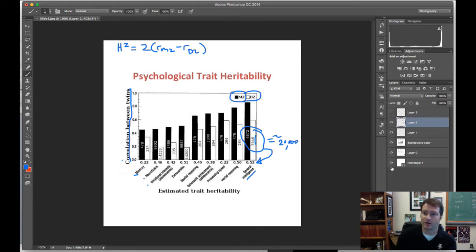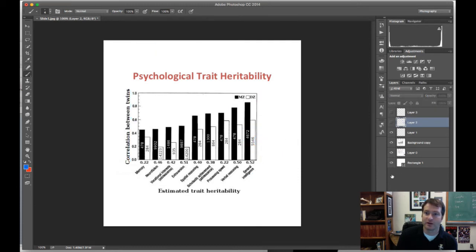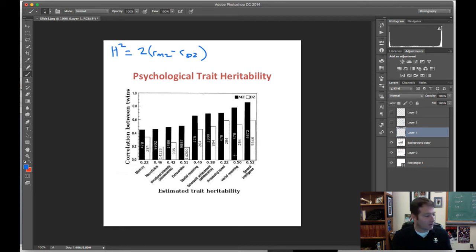All right, so I'm going to get rid of this layer, and we'll write on this layer now. So let's say we want to calculate the heritability for generalized intelligence. So I'm going to rewrite the formula, and then I'll switch pen colors here really quick.